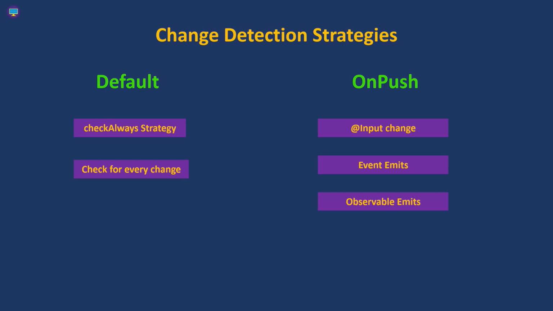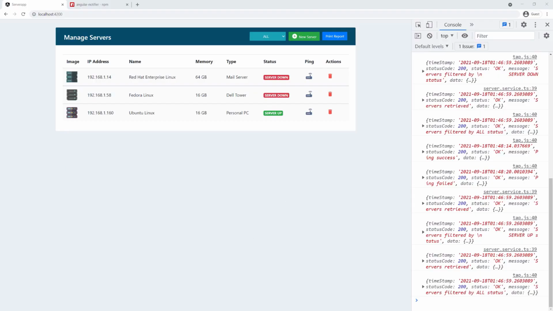So if you're using the input and there's a change on that property on the class, or when you're using event emitters and an event is emitted, or in our case, when you're using observable and the observable emits. Because we're only using observable and we're subscribing in the template or in the UI using the async pipe, we can improve our entire application performance by using the onPush change detection. I'm going to show you how we're going to do this right now. So let's go back to the application and implement this strategy.